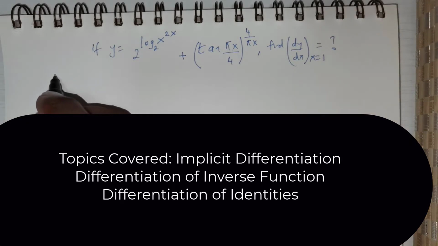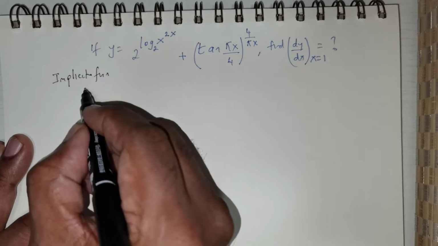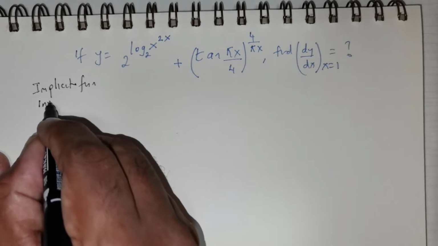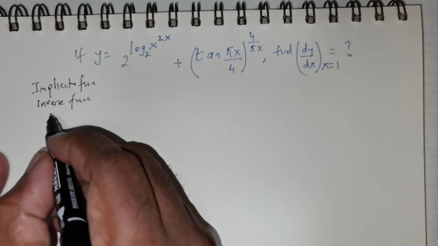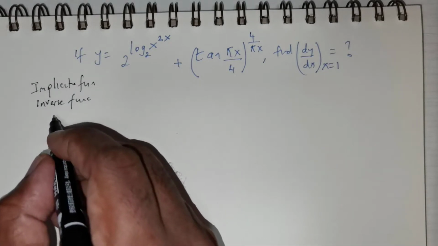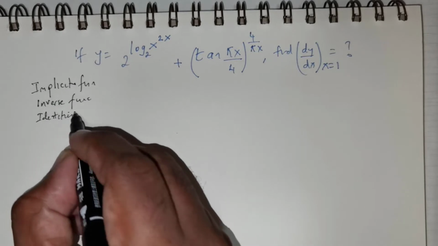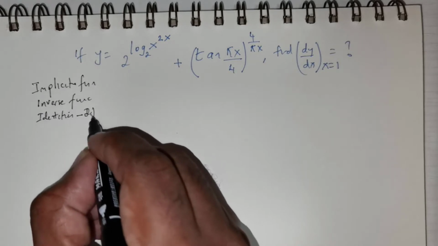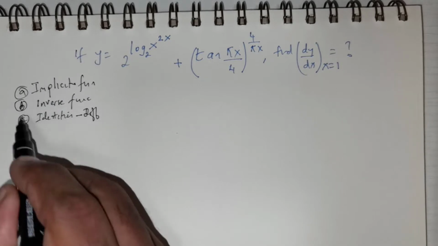So in this class we will be learning about differentiation involving implicit functions, followed by differentiation involving inverse functions, and that would also be followed by deducing identities, and then after the deduction we will perform the differentiation. So these three things would be dealt with in this lecture.